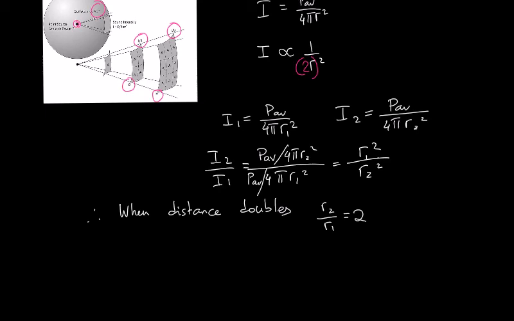Then we will have I2 divided by I1 equals 1/2 squared, which is 1 over 4.